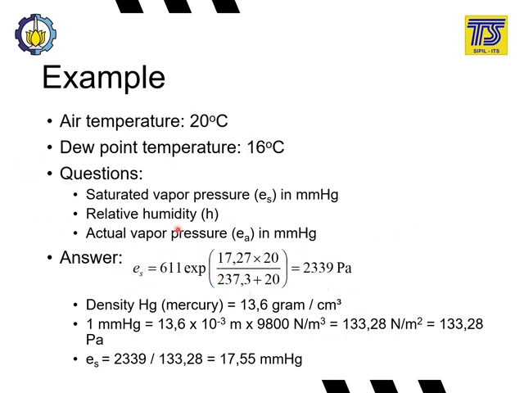Here we can calculate it based on our air temperature, 20 degrees Celsius. Then after that, we can calculate it in the unit millimeter of mercury. From Pascal, we can convert it.